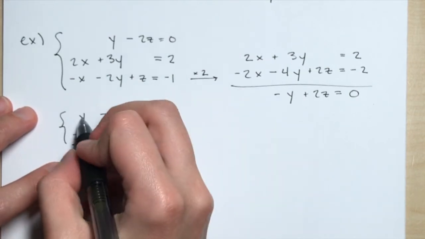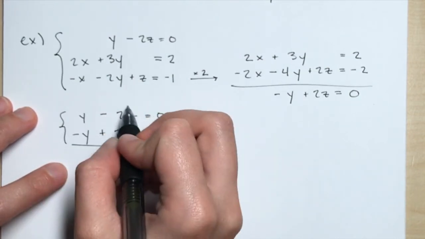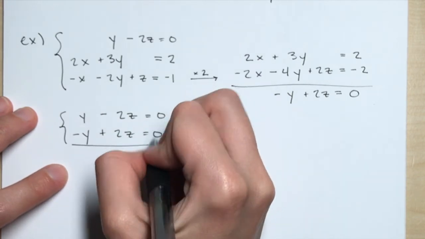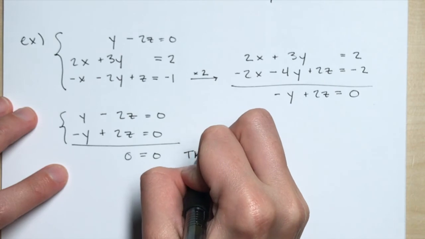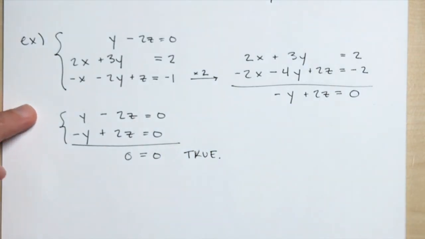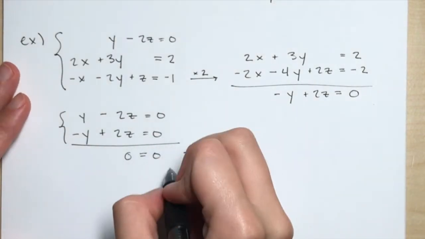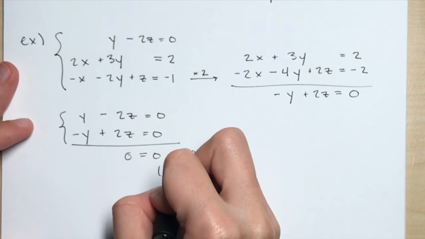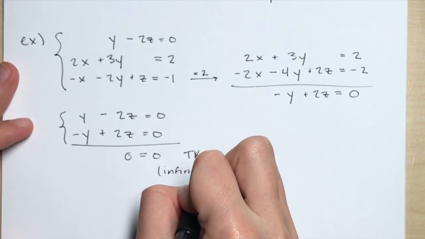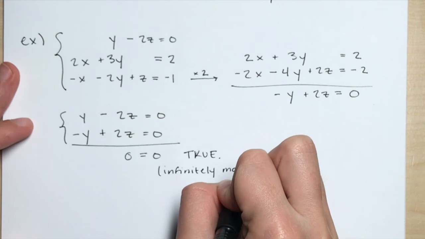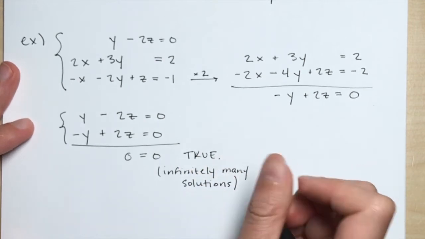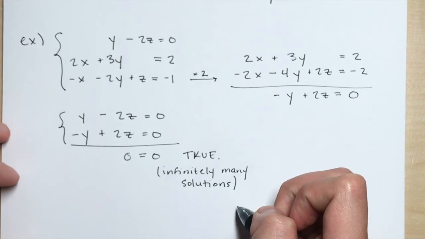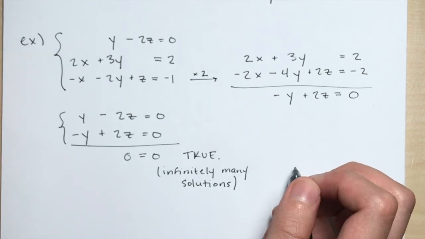If I add these together, I get 0, 0, and 0. This is another one of those infinitely many solutions situations, right? So we have to figure out what these solutions look like in terms of something.